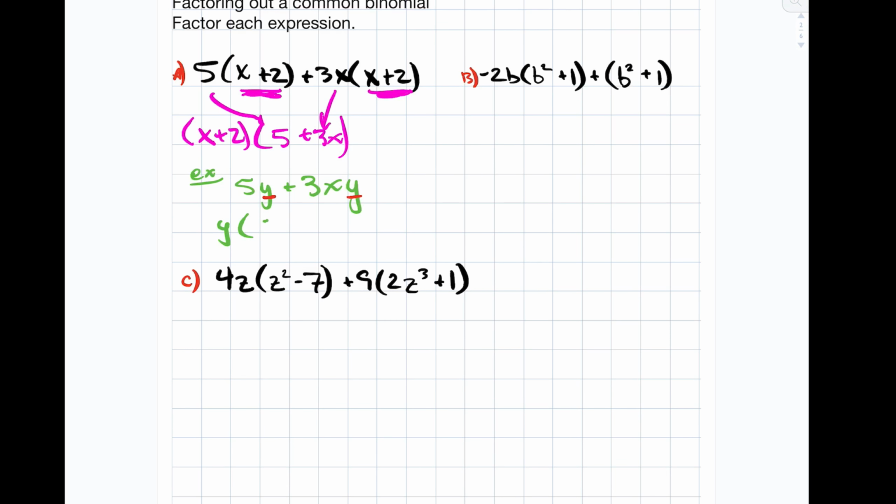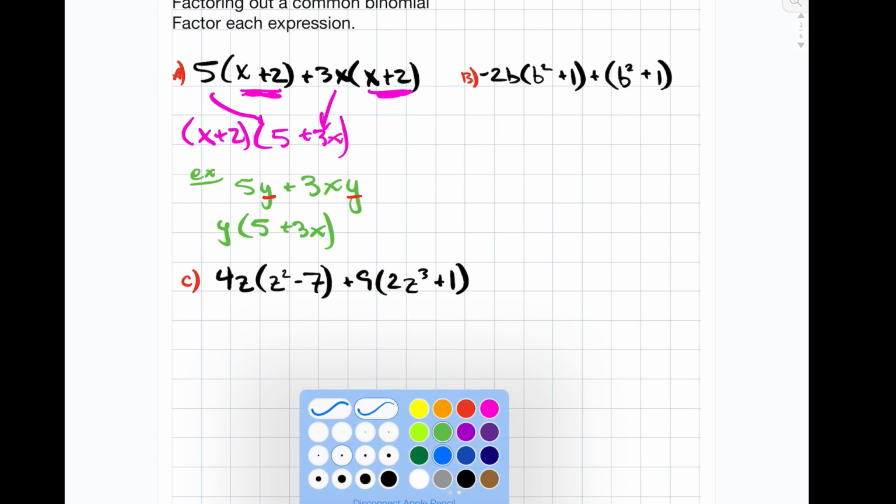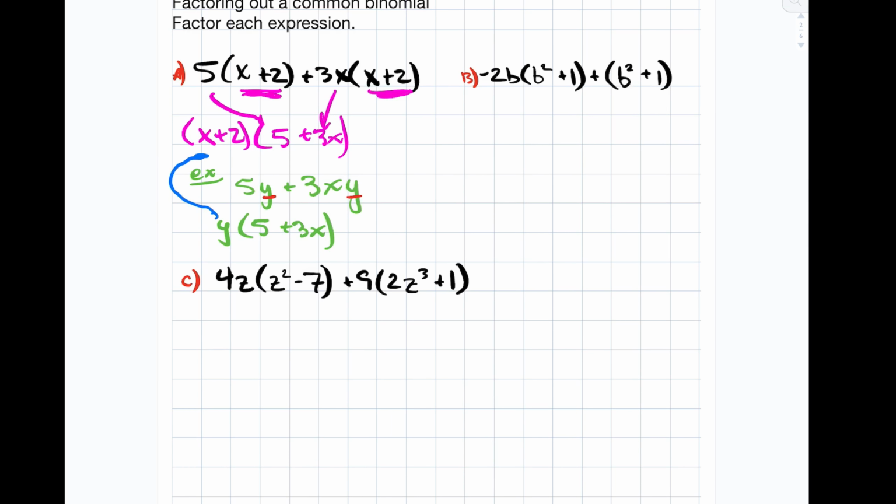And in here would be 5 plus 3x, just like the problems we did at the beginning of this section. This y is much like this first binomial here, because it's what's in common. The y's were in common, so you factor them out.